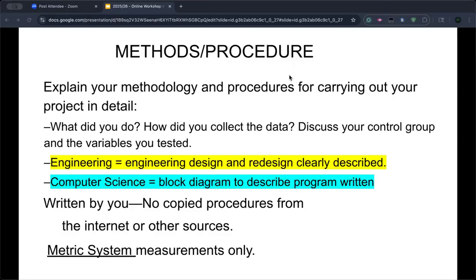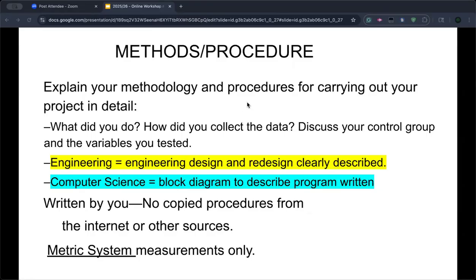If you're doing engineering, you should put your engineering design and redesign in here. That way it's clear which prototypes didn't work, and also what you did to fix them. And if you're doing computer science, you could use a block diagram to describe how you wrote your program.